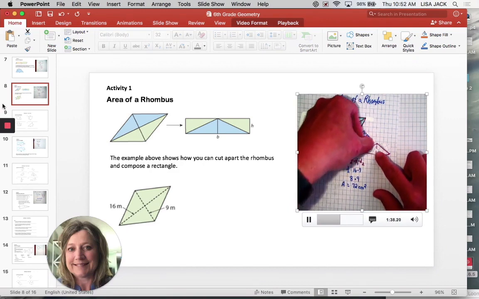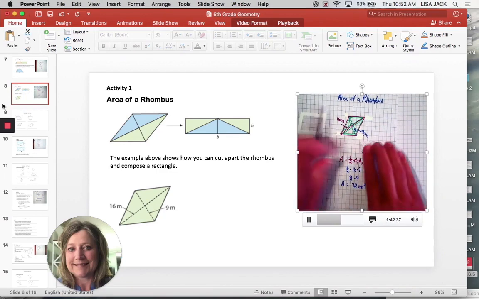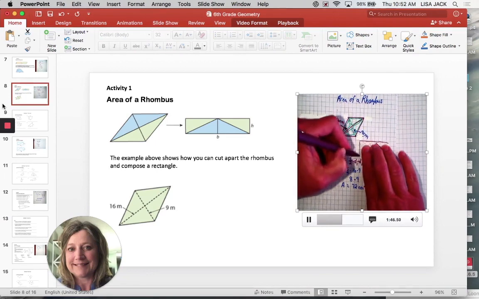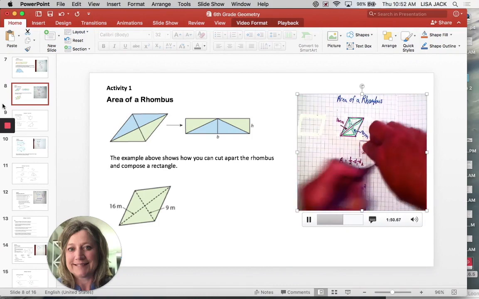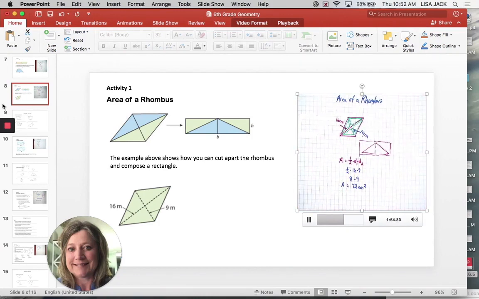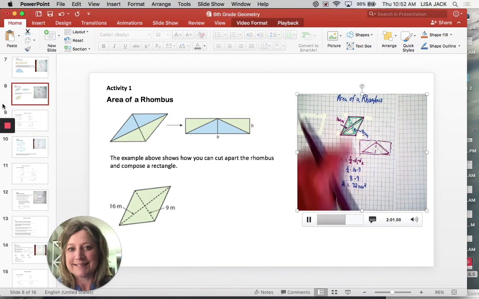Just like that. So this forms a rectangle, and I'll try to draw an outline so you can see the outline of it right here. There you go.